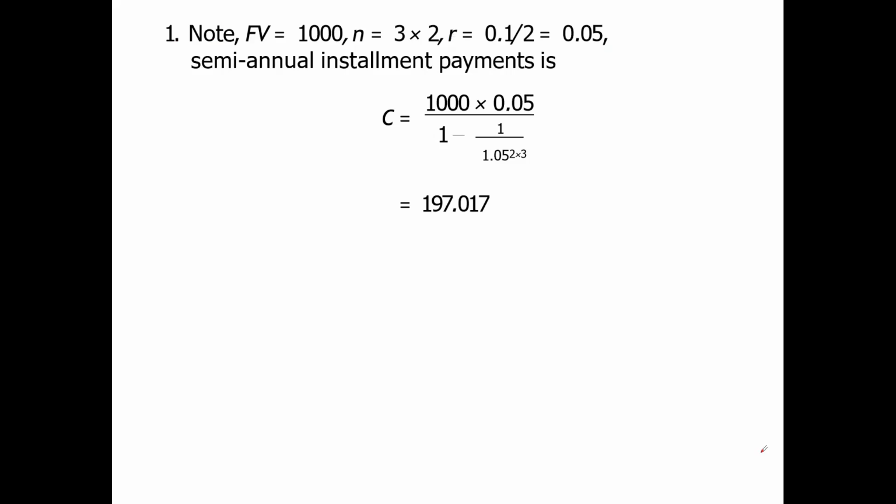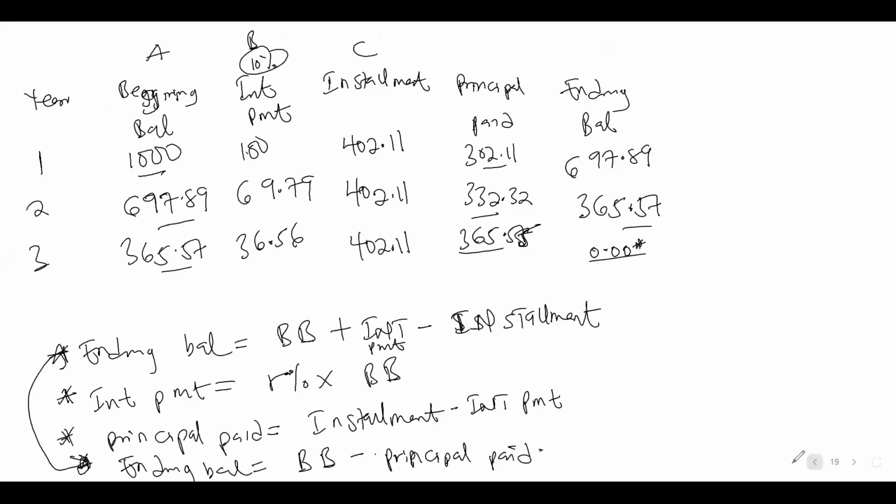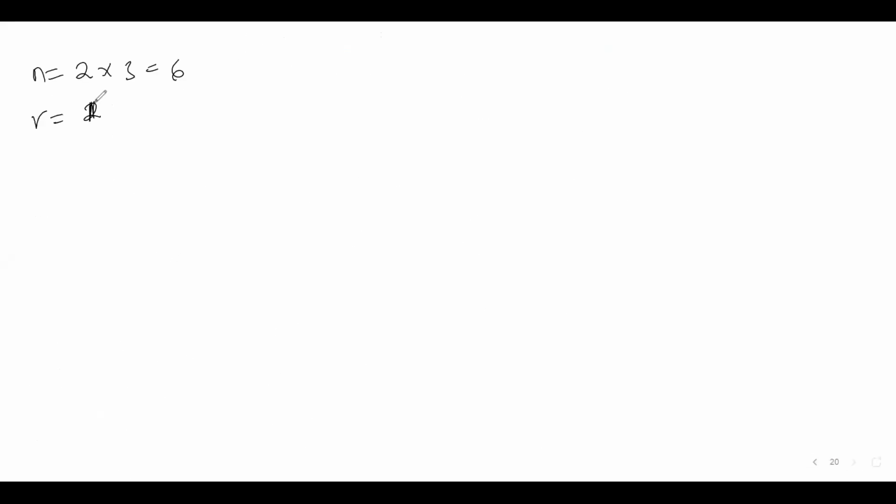Okay. So it means that our N now becomes 2 times 3, which is 6. And our R now becomes the original interest rate, I think it was 10%, right? Yeah, 10%. So it now becomes 10% divided by 2, which is 5%.